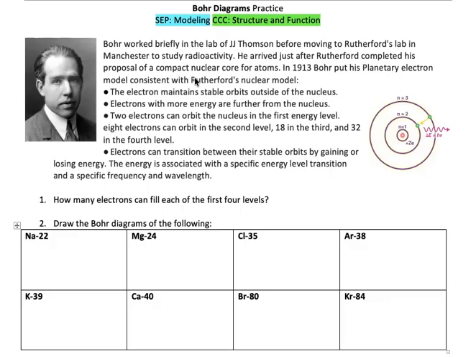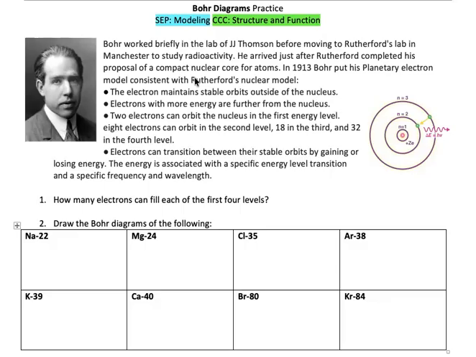So then he went to Manchester to study radioactivity. And he arrived just after Rutherford completed his proposal of a compact nuclear core of atoms, meaning that the nucleus was positive. And in 1913, Bohr put his planetary electron model, consistent with Rutherford's nuclear model, on the table.